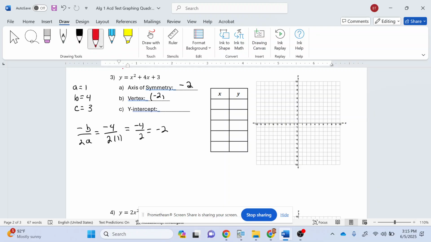Now to get the y, I have to plug it into the equation. So -2 squared plus 4 times -2 plus 3. 4 minus 8 plus 3. -4 plus 3 is -1.